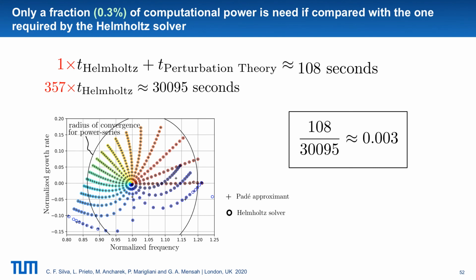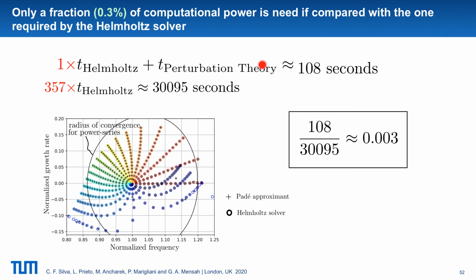So, how is this computed? We know that for this case we have 357 points. Then we multiply this by the time that the Helmholtz solver requires, in this case 30,000 seconds more or less. Now for the perturbation theory, we just need to compute this once.